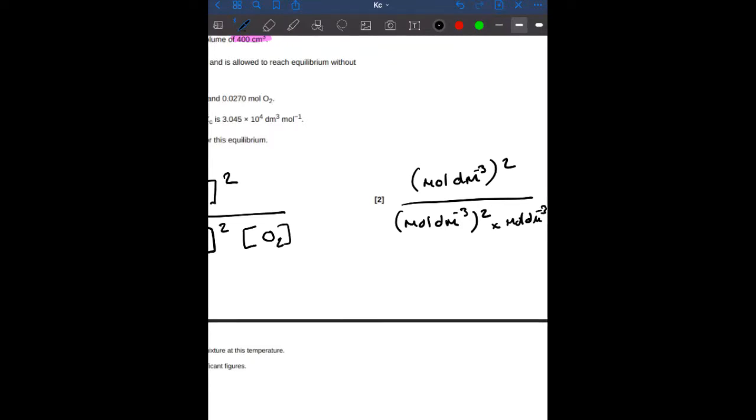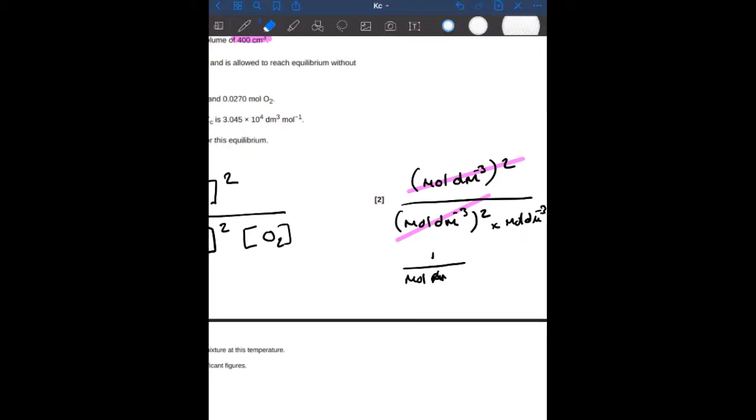Oh, that was a very scruffy 3. We'll just have to live with it. Now, these we can cancel out, so we end up with 1 over mole per decimeter.